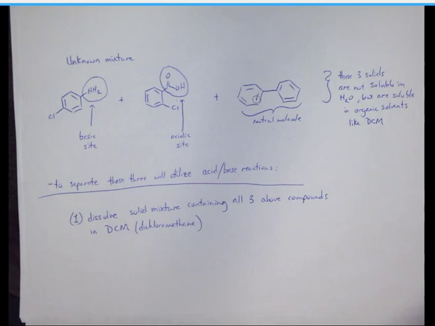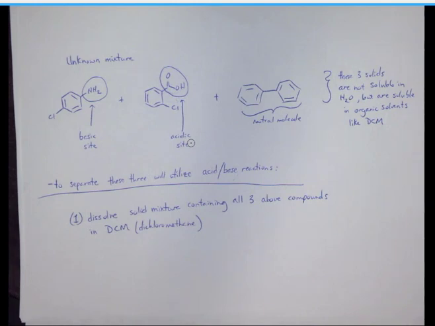All of these are very large molecules with 6 or more carbons, so they are not very soluble in water or any type of aqueous solvent individually. But all three of them will readily dissolve in DCM, an organic solvent.